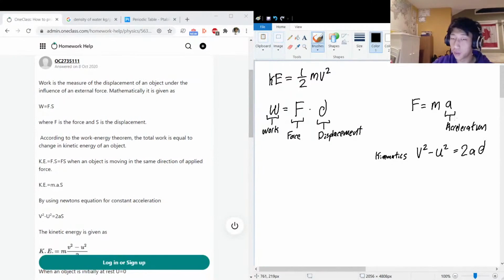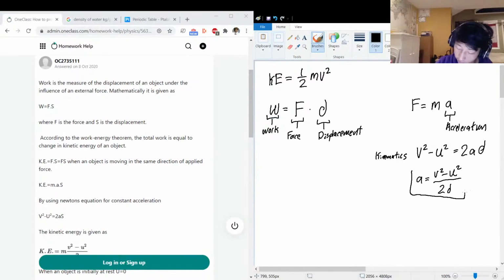And let's try to substitute out A so that it is alone, or isolate A is probably a better way to say that. So A is going to be equal to V squared minus U squared divided by 2D.